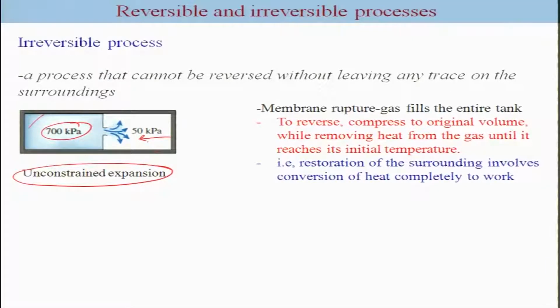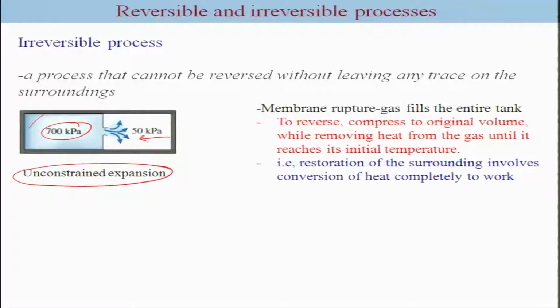So, you are doing work and you also have to remove heat. In order to make sure that the system plus surrounding returns to the original state, you have to convert all the heat which you have taken out into work, which essentially means you are trying to violate the second law, and that is not feasible. So, this kind of case would be an irreversible process.